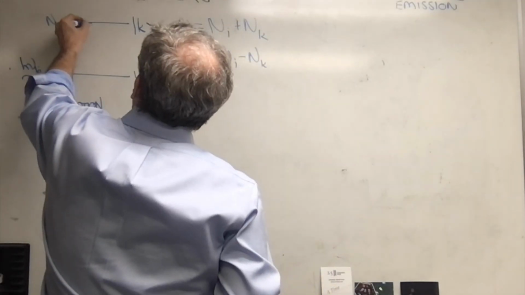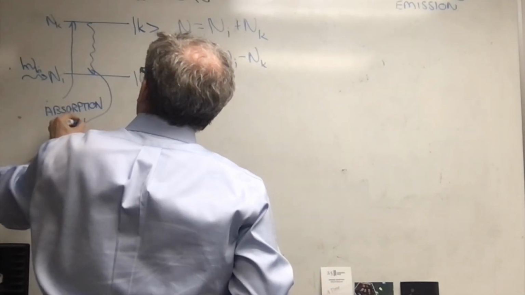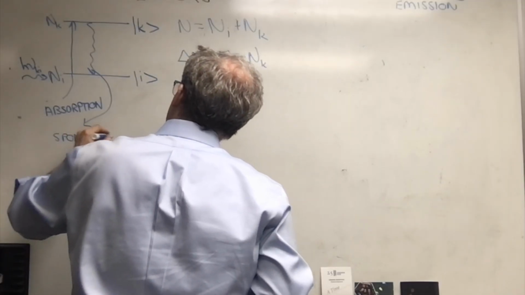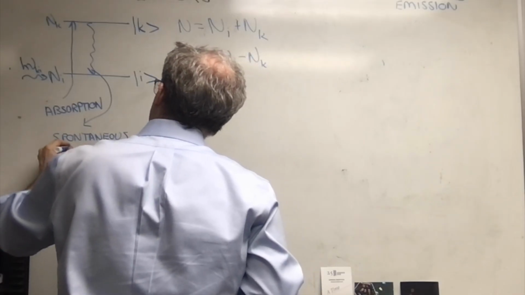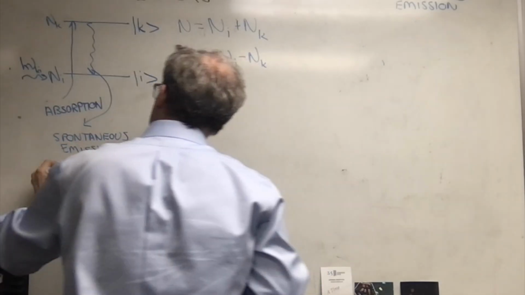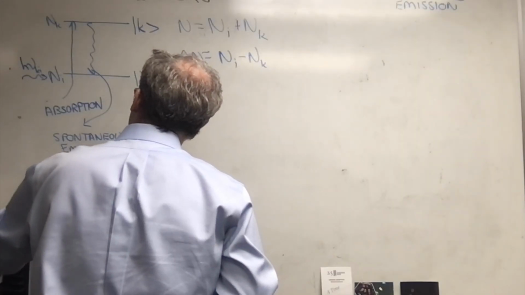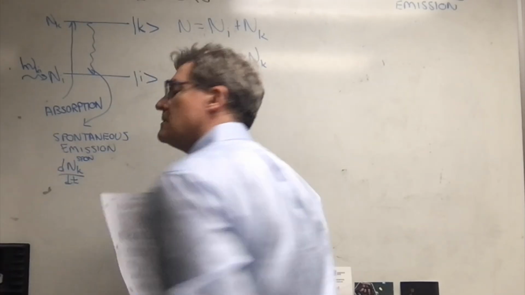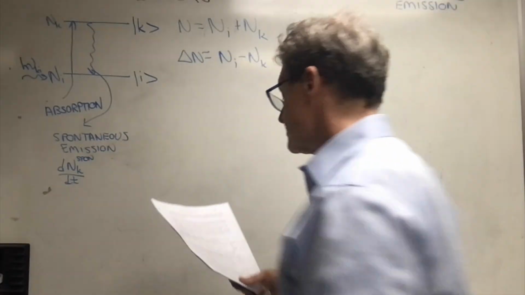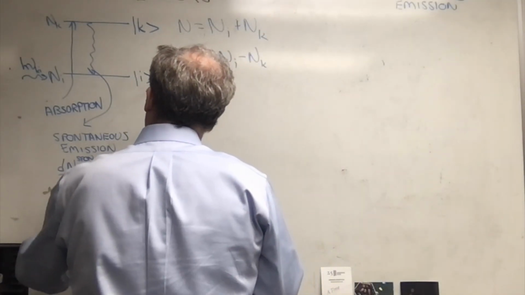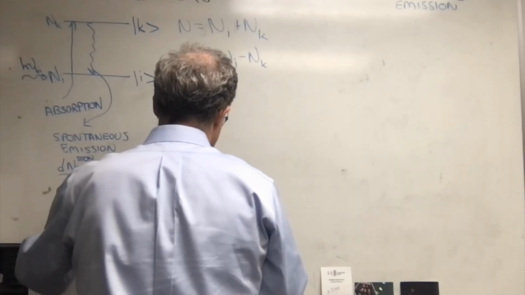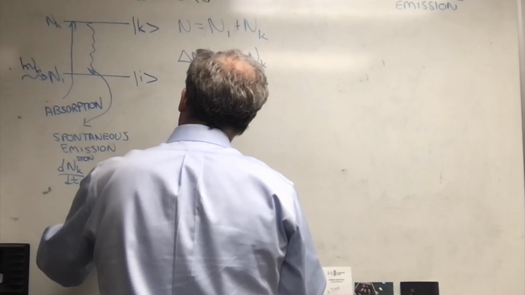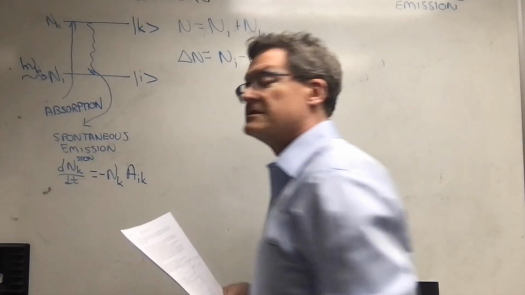It can come back down through spontaneous emission. There's going to be some rate at which population comes back down from that upper state, and that rate is equal to minus Nk times the Einstein A coefficient for this transition.